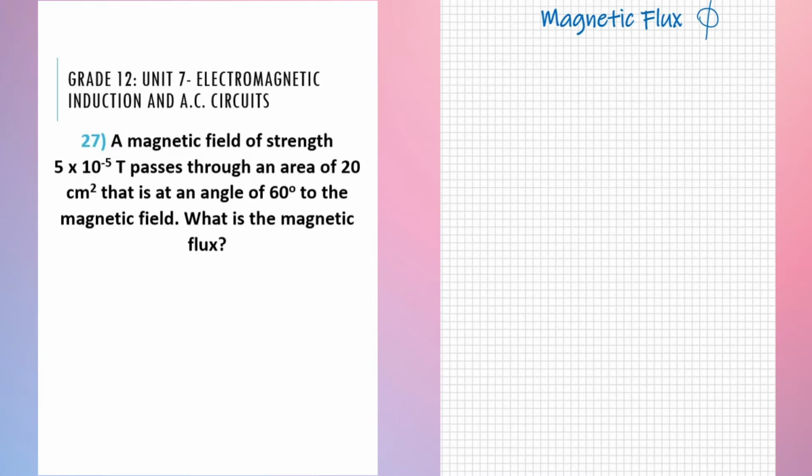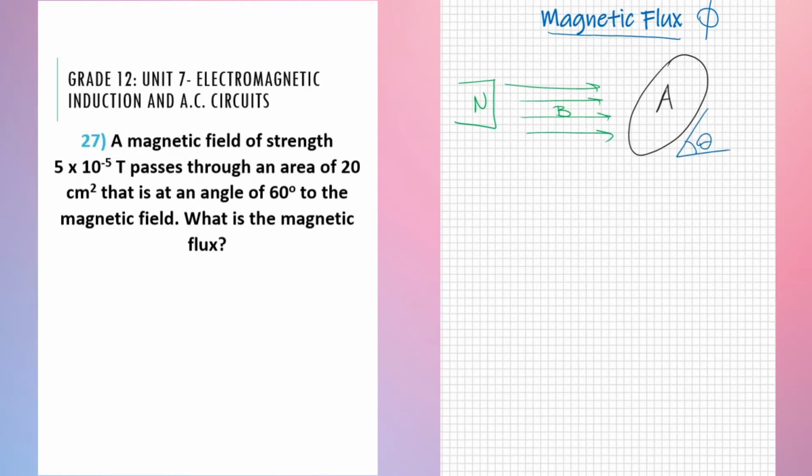So we can see in this question, what we have is some magnetic field. Let's say this magnetic field can be represented like so. Now this magnetic field with a magnetic field strength of B is experienced by some surface. Let's say we have a surface like so with a certain area A. And this surface is at an angle of theta.